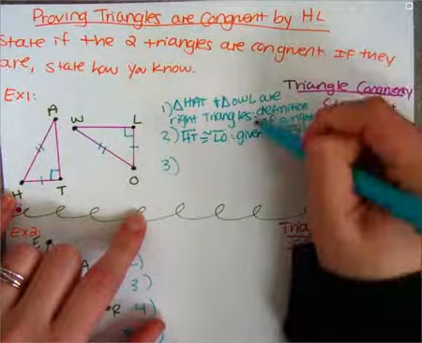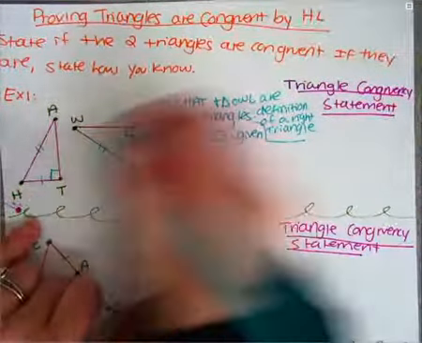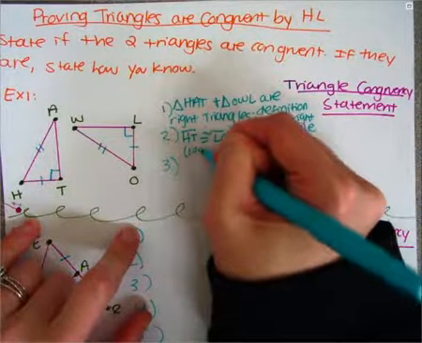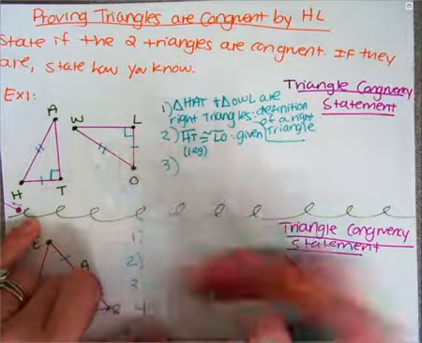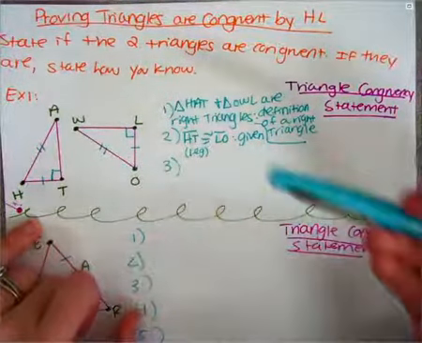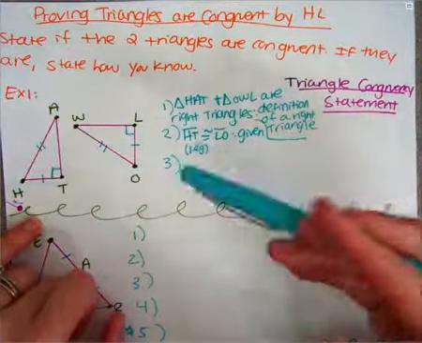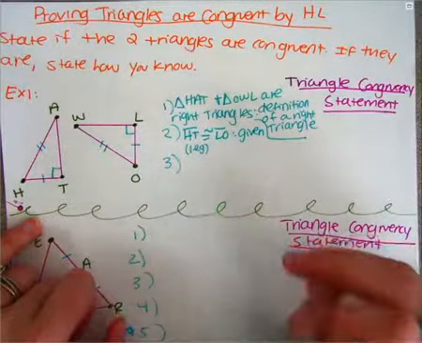And in my triangle, this is going to be a leg because it is the side of a right angle. So I have a leg that is marked congruent. So let's see if my final marking is a hypotenuse. If I have a hypotenuse and a leg marked congruent, then the triangles are congruent by the hypotenuse leg theorem.